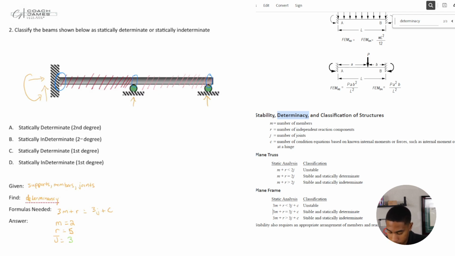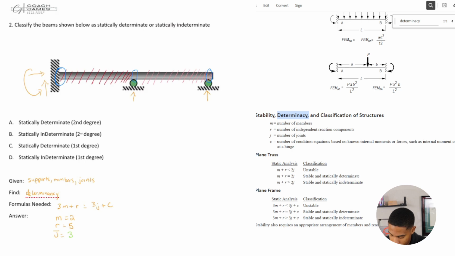All right, and so now once I do this equation, or plug and chug, I get 3 times 2 plus 5 is equal to 3 times 3 plus 0. Okay, so I get 11 greater than 9.